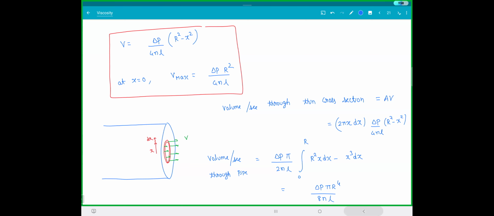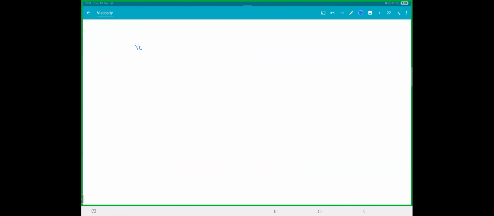So that is quite an important formula. Definitely remember this. The volume per second through the pipe is given by delta P pi R power 4 by 8 eta L. R is the radius of the pipe. Delta P is the difference in pressure.